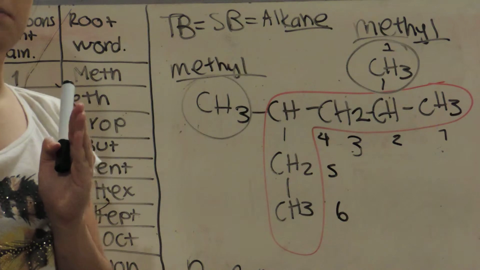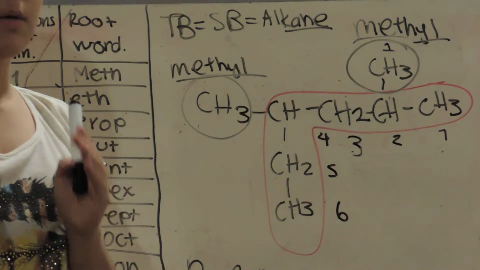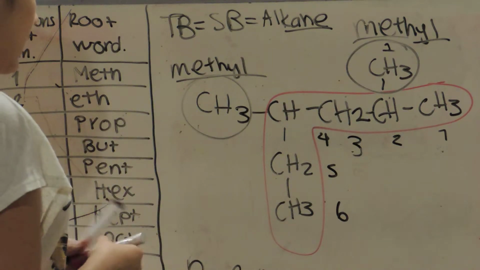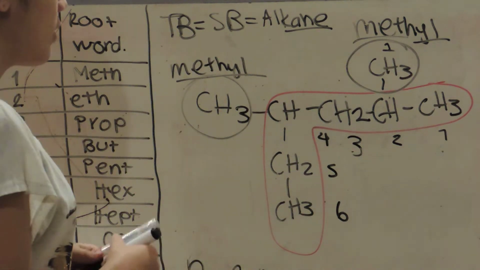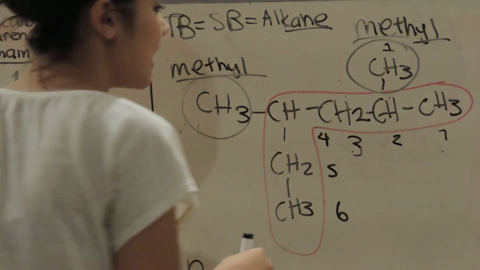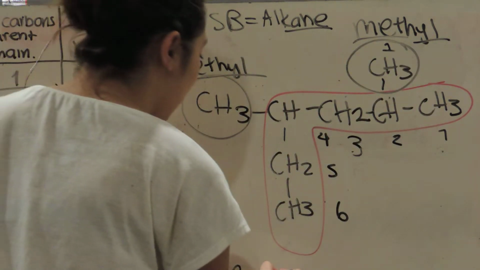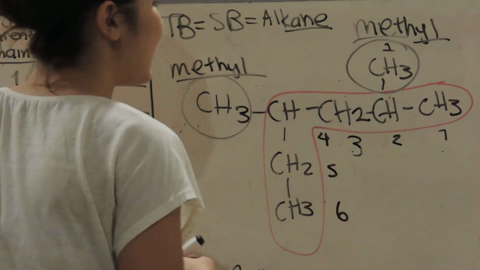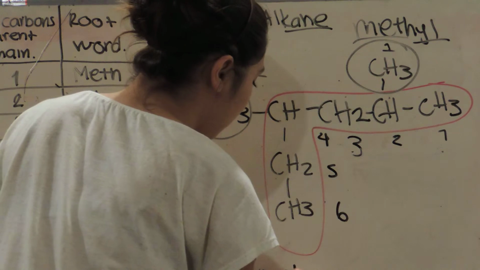Between number and number, you put a comma. Between number and letter, you put a hyphen or a dash. Okay, so 2, 4. When we have 2 of the same, but in different places, we put the prefix "di," that means 2.